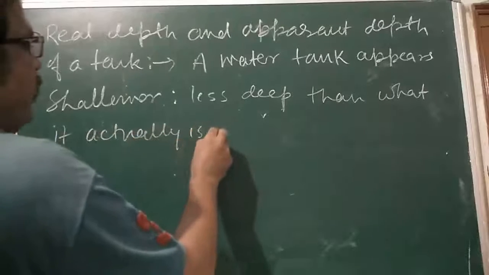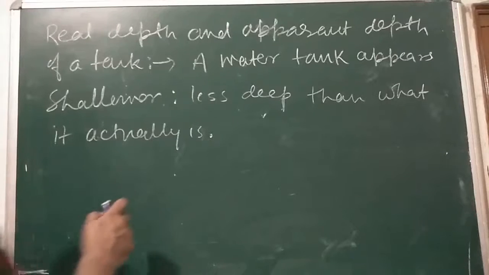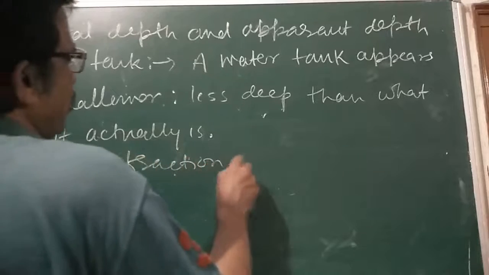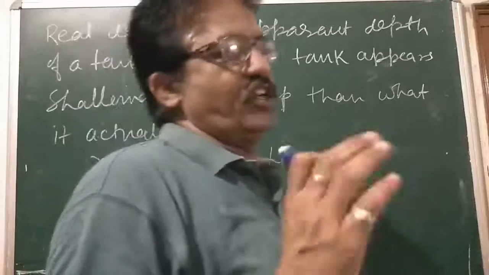This I am going to explain here. So write down what we are going to see. Real depth and apparent depth of a tank. This is on account of refraction of light. This we are going to see. Is it clear?